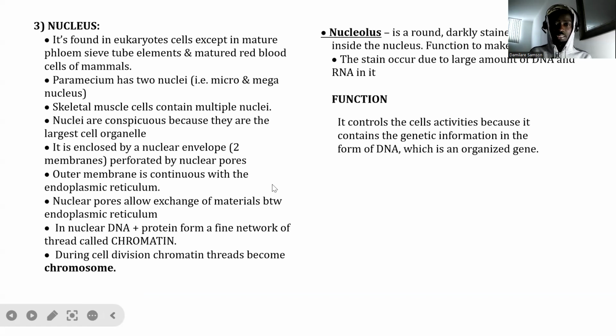So skeletal muscle, like I said, has multiple nuclei, meaning more than one nucleus. The nucleus is enclosed by a nuclear membrane, which means two membranes, perforated by nuclear pores. Automatically that means there are pores on the nuclear membrane or the nuclear envelope.